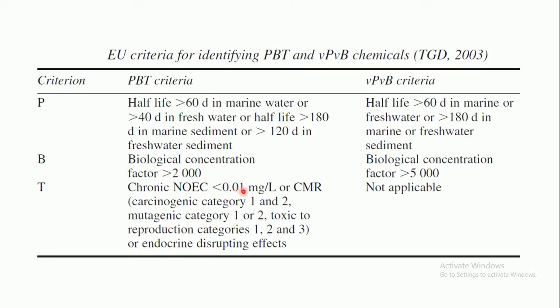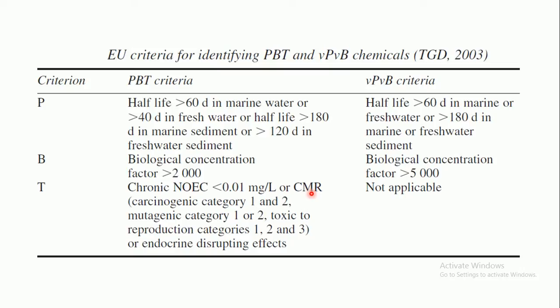If this concentration shows no observed effects, then you can say that it belongs to the toxic category. What is this? This is the highest concentration of the substance which shows no evidence of toxicity. That means above this level there will be evidence of toxic or adverse effects. So you can imagine with very low concentration it is showing toxic effects.